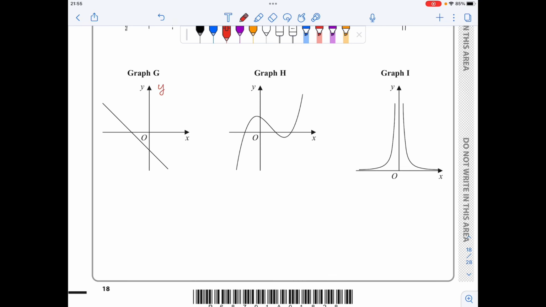G is also a straight line, y equals mx plus c. M is negative and c is also negative because it cuts the y-axis below the origin. H is a cubic, so y equals x to the power of 3 plus other stuff. And I is of the form y equals a over x squared, where a is positive.